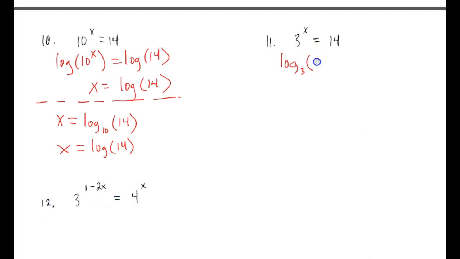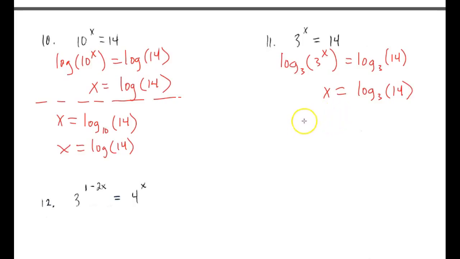Of course, people are not normally used to working in log base 3, but I'm going to do it to show you how we could use the change of base rule to get a similar answer if we did not work in log base 3. So log base 3 of 3 raised to the x is just x. And of course, our answer here would be just log base 3 of 14.